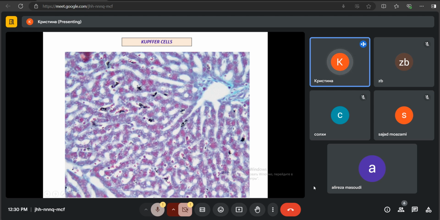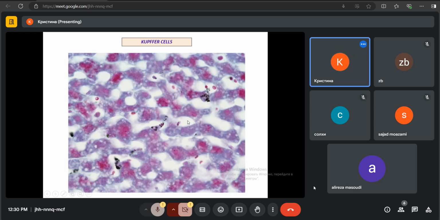Such cells here are the Kupffer cells, macrophages, so their cytoplasm is now filled with black granules of this black dye, black ink. The same on high magnification, we see these Kupffer cells, macrophages, that reside in sinusoidal capillaries and perform the function of endocytosis. So they have the nucleus and in cytoplasm granules of black ink.